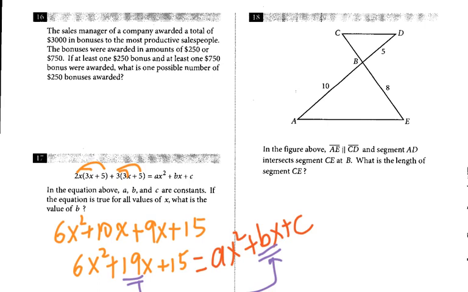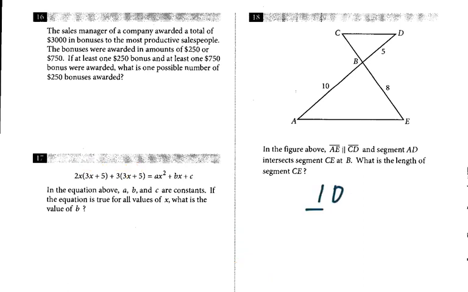And for number 18, it's tested on similar triangles. For ABE, it's similar to BCD. And then the corresponding sides, that ratio should be equal to each other. So we can check 10 over 5 equal to 8 over x.